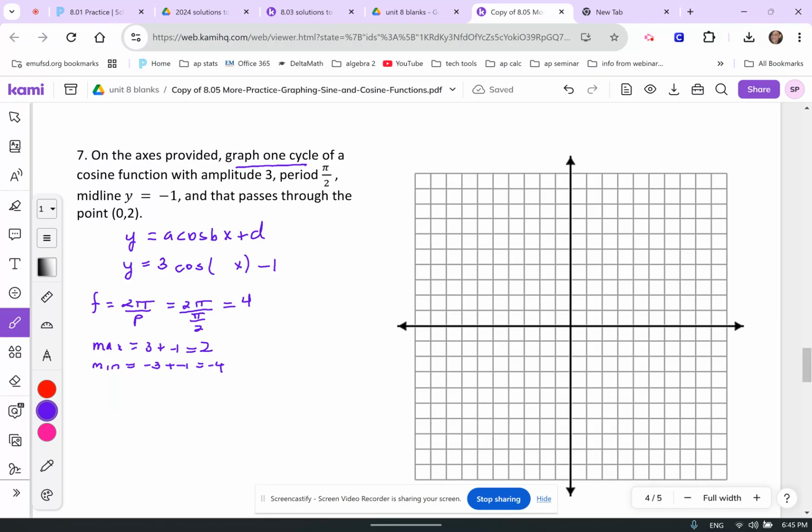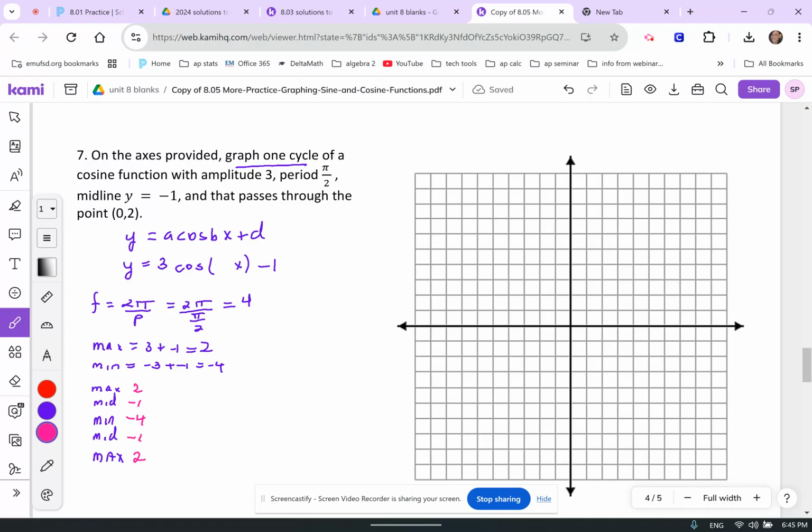I also need the pattern for cosine, and the pattern is max, mid, min, mid, max. So in this case, I'm going to graph the y values 2, -1, -4, -1, back to 2.